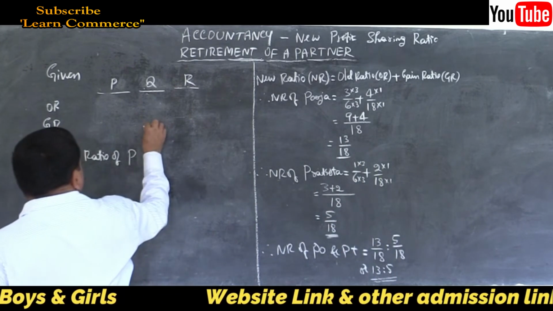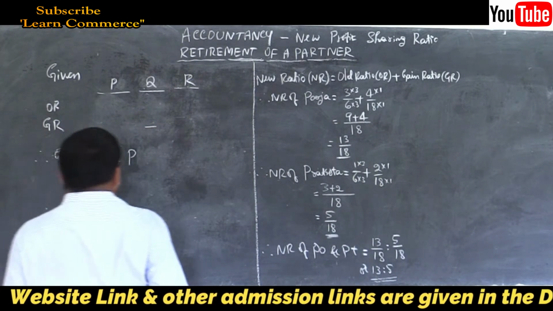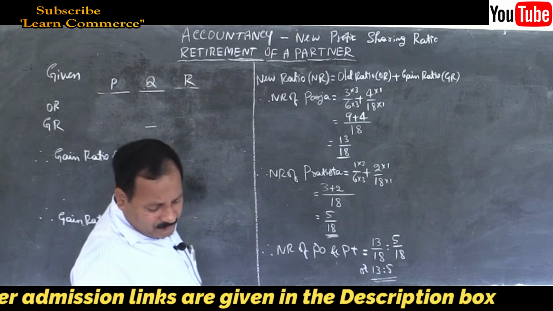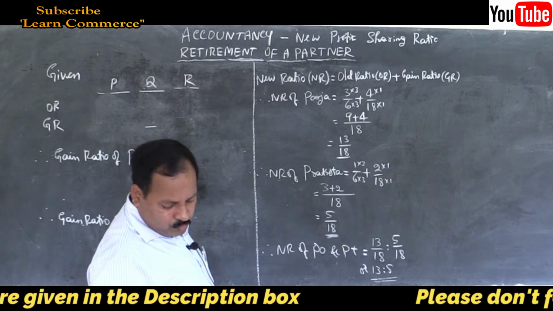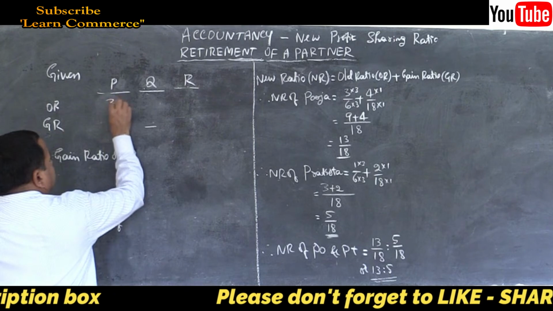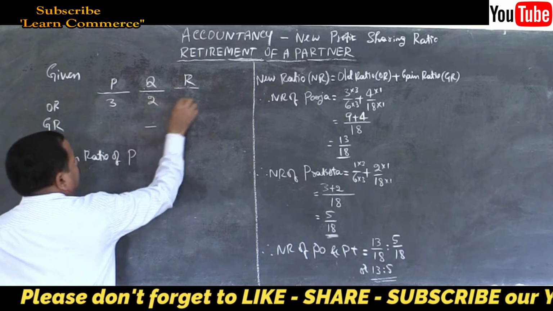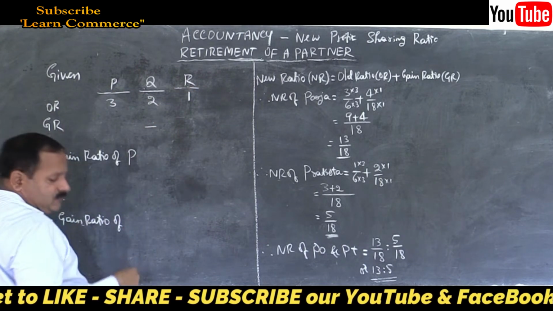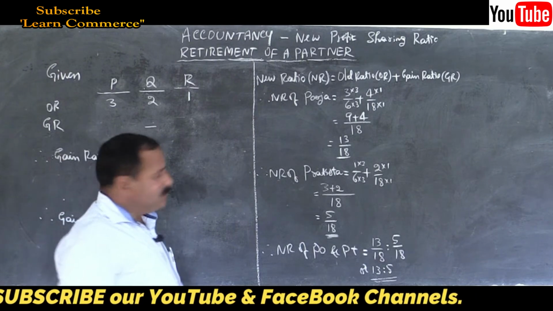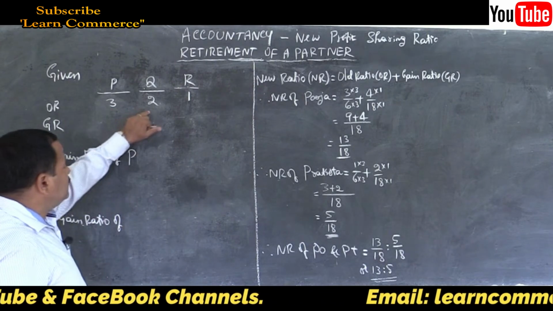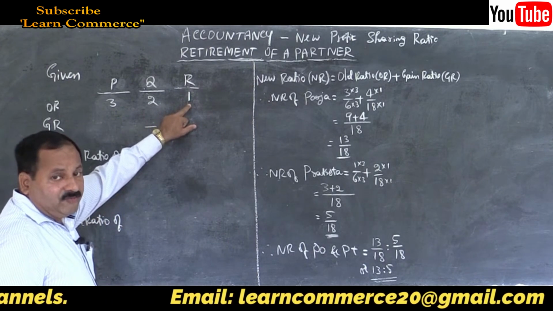Q retires, so no gain ratio of Q, right? The ratio was 3:2:1. Q retires, so 3/6, 2/6 and 1/6, their old ratios.